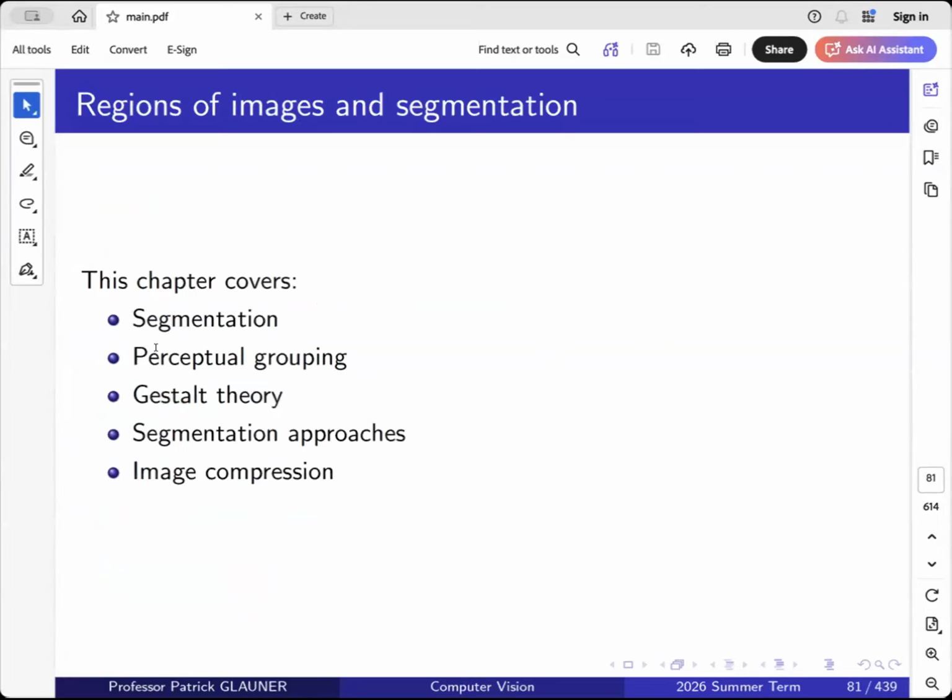And we will see how all of these approaches can help us to find segments. And then we'll have an application from image processing. We will have one segmentation approach, concretely a clustering algorithm, and that one we will apply to image compression. So you'll see how you can actually compress an image with a relatively simple algorithm.